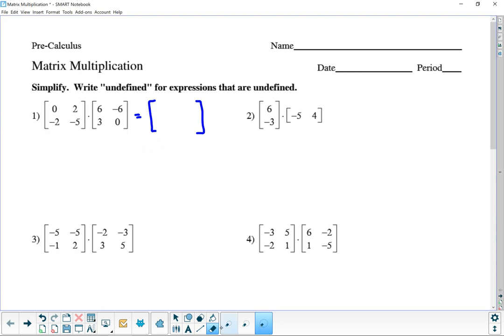All right, so 2 rows and 2 columns means that you will have 4 entries in here. This first spot is the first row and the first column.